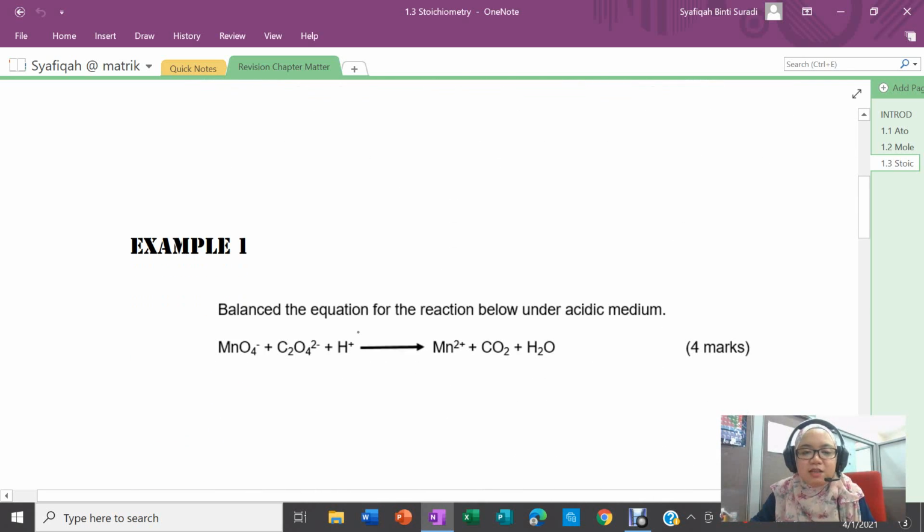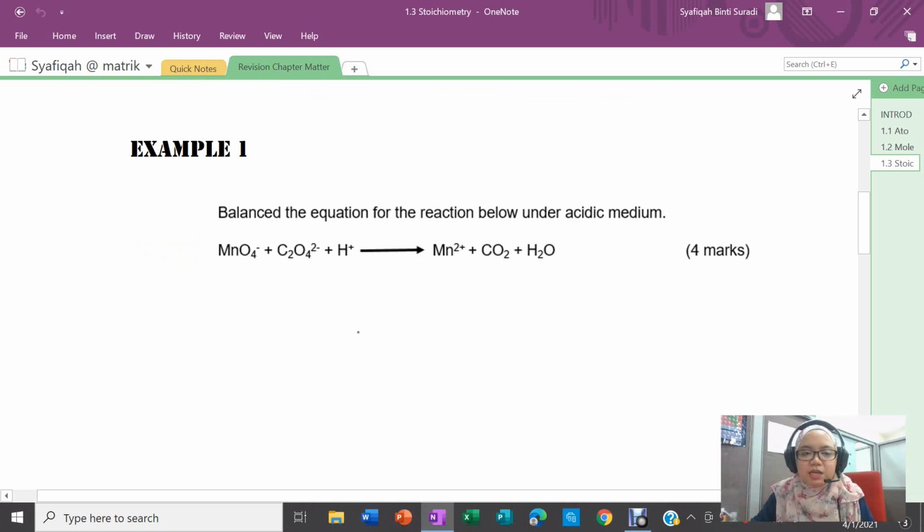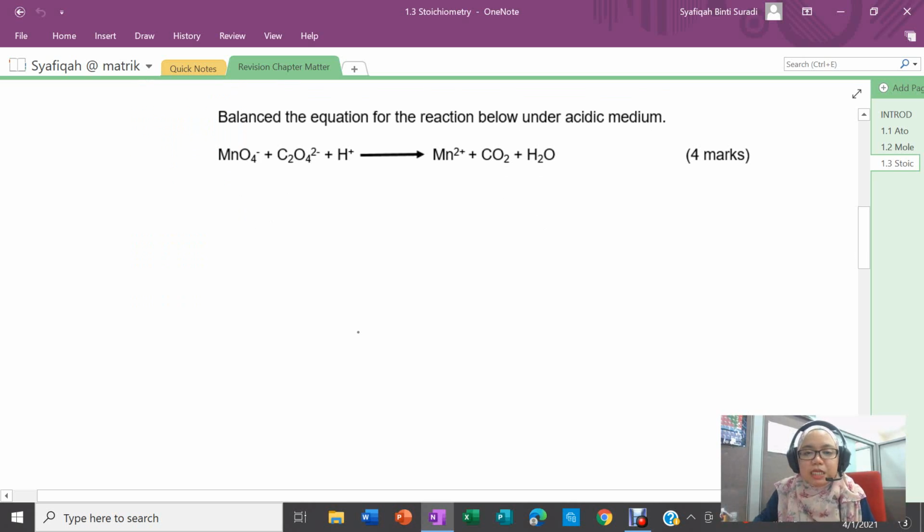Okay, tengok example yang pertama. Dia kata balance the equation for the reaction below under acidic medium. Okay, so first, soalan balance ni kan awak kena tahu. First awak kena tahu balance.